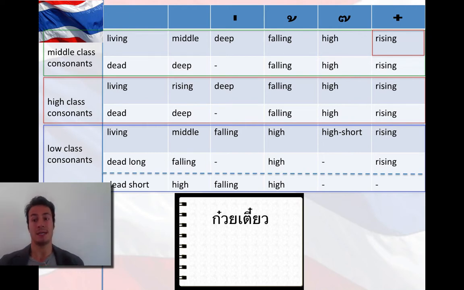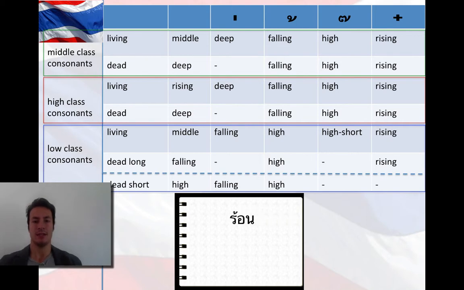Both are a rising tone. Gueteo. Both start with a green or middle class consonant, therefore in the fourth tone mark section, rising tone.